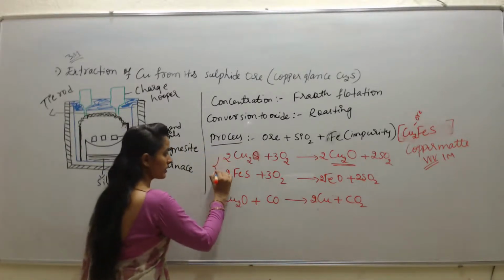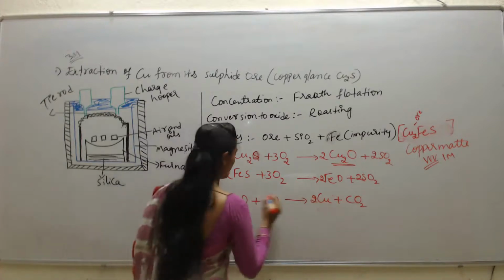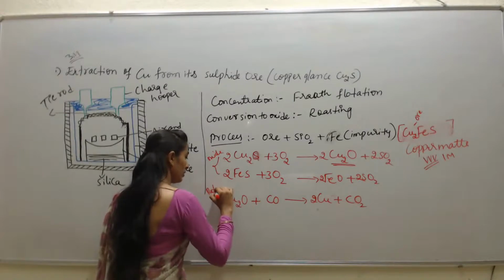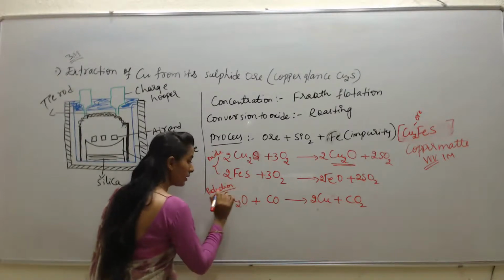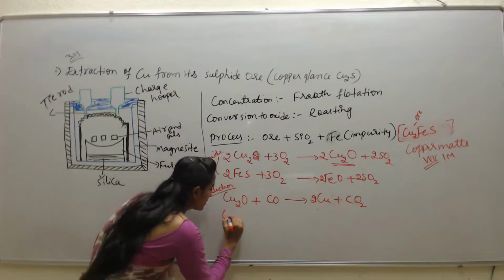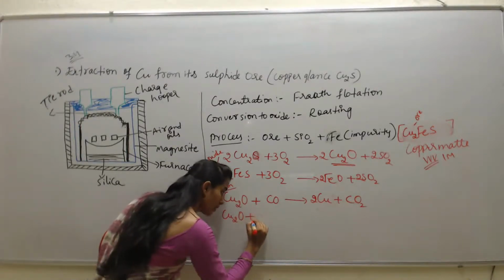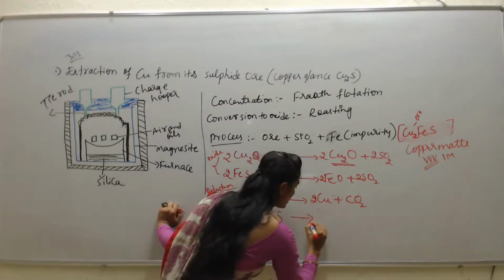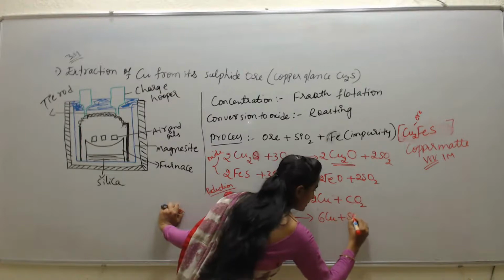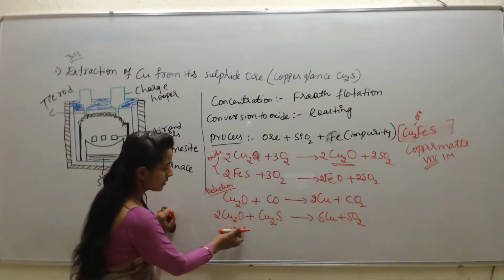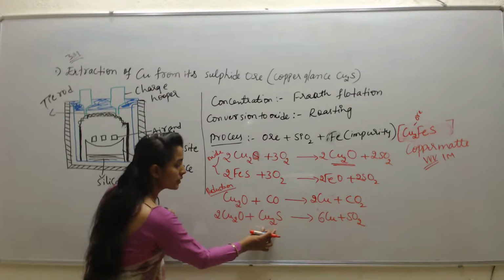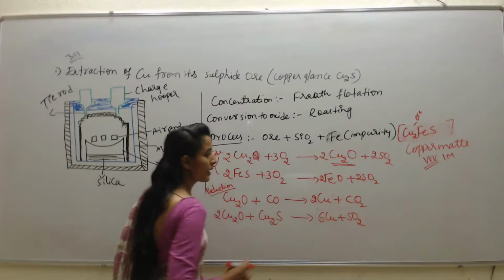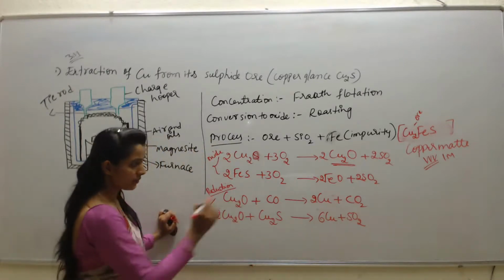Okay, here oxides are formed, here reduction is done. Another reaction is also possible. This Cu2O again has the capacity to combine with Cu2S to form 6Cu plus SO2. So these two reactions give copper.